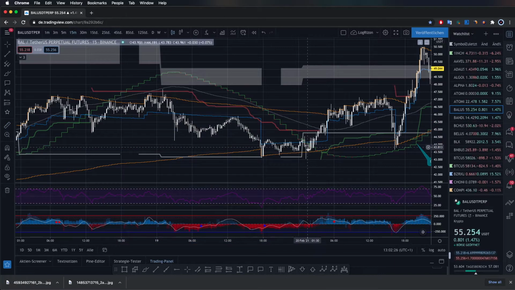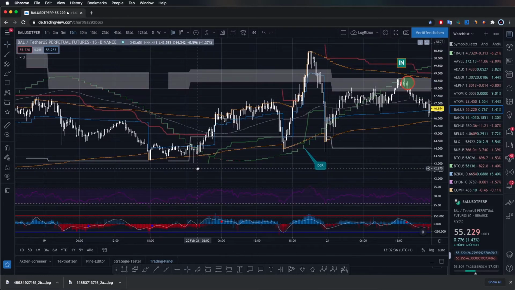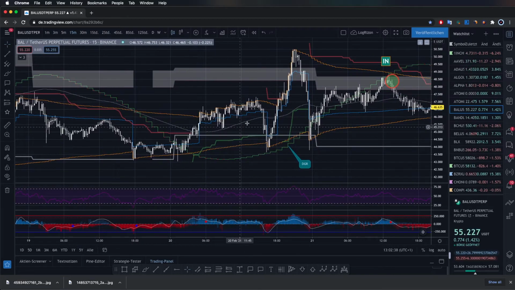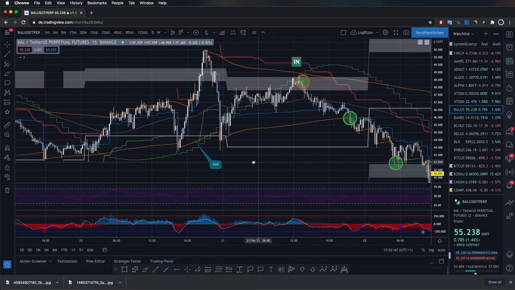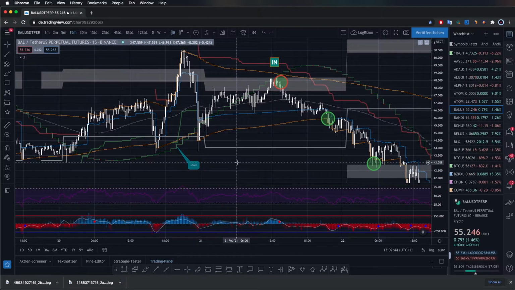So you can just note that when you are beneath it, the price is going down or more sideways, and when we are above it, the price is going up. So this DGR line is the most important part, and I think it's also part of really every strategy of the different strategies which are possible with the DGR.